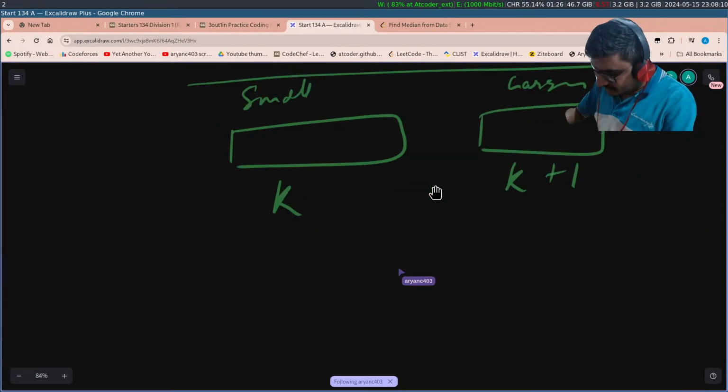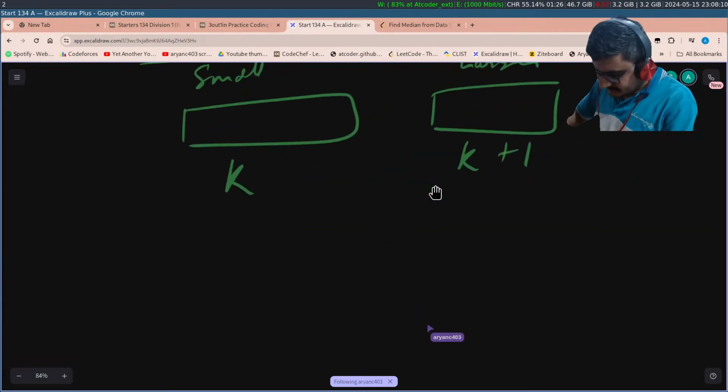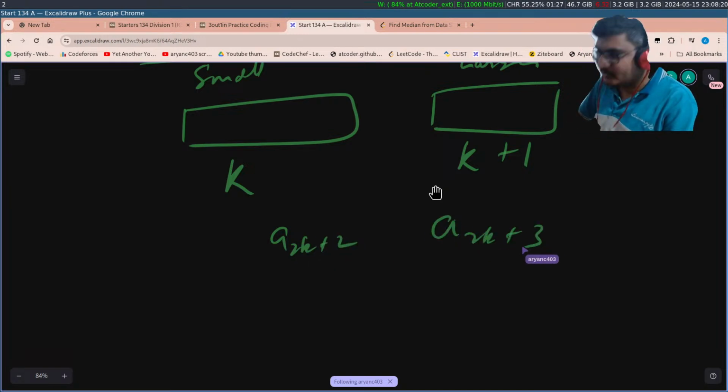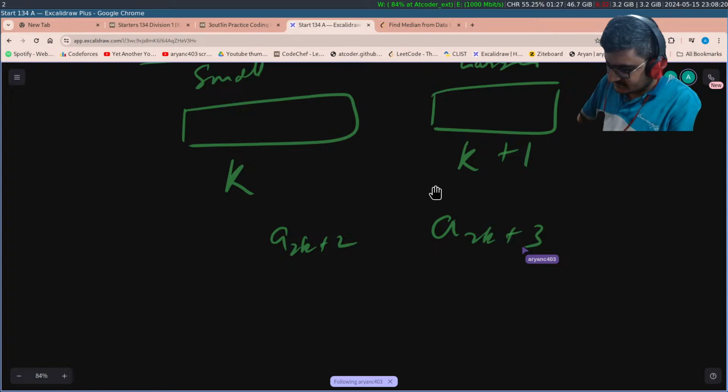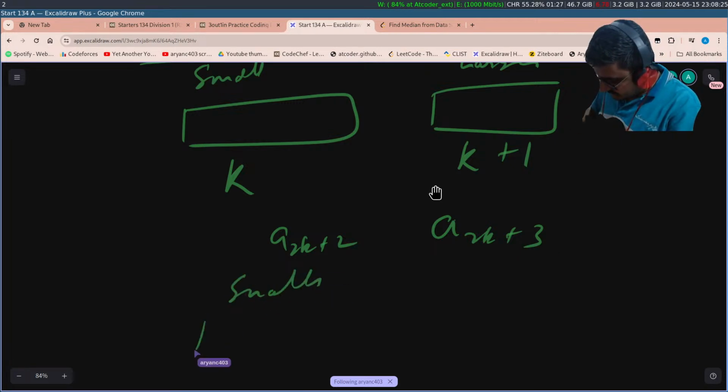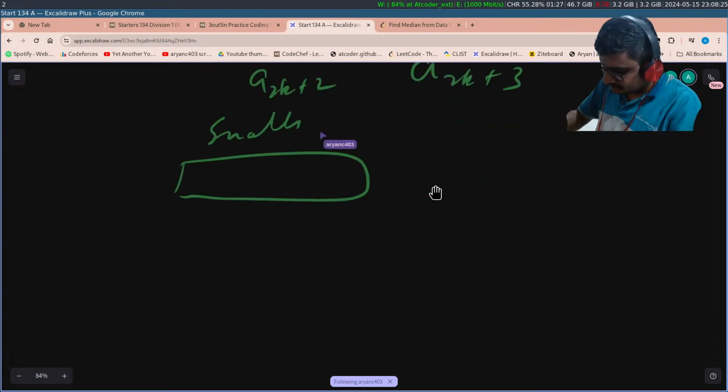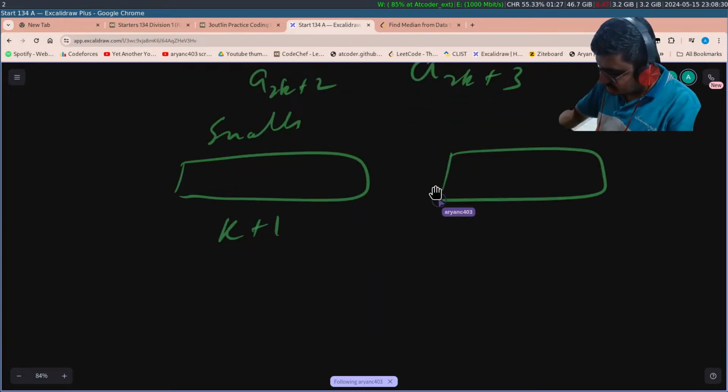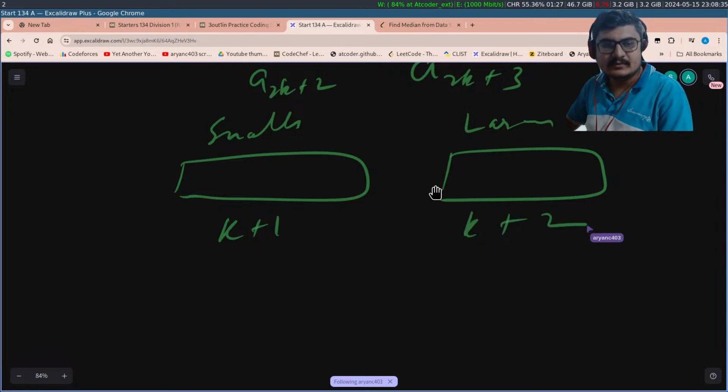Now what we need is that we have two numbers for insertion, a2k plus 2 and a2k plus 3. We have to insert two new numbers in these queues such that the smaller queue contains k plus 1 smallest numbers and the larger queue contains k plus 2 larger numbers. Does this make sense?